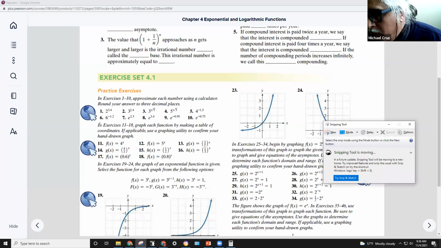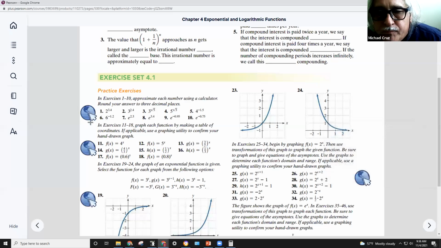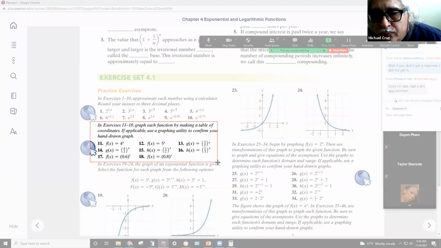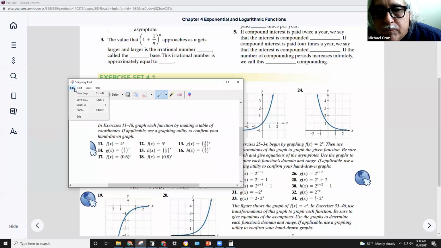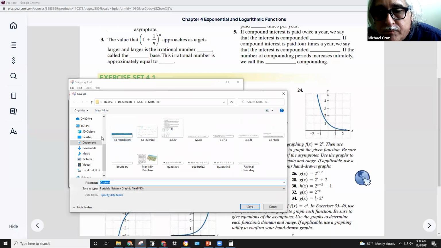So I'm going to take a little picture of this, and then I'm going to import it over there. I'm only going to deal with the one, number 15. But like I said, I like if you have the instructions.